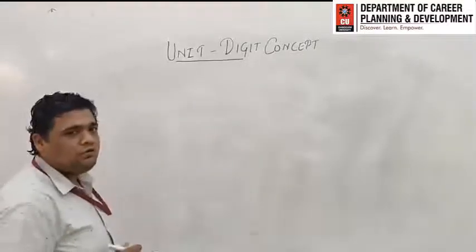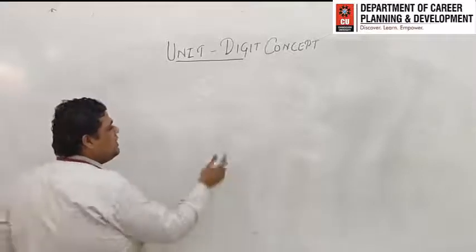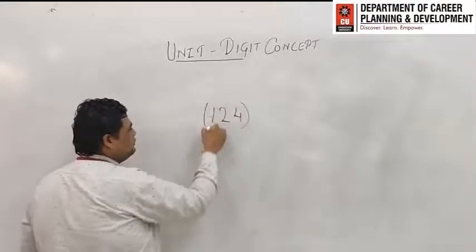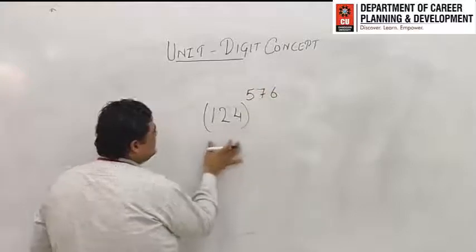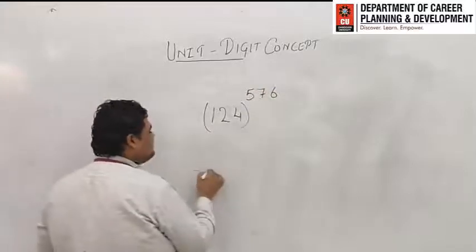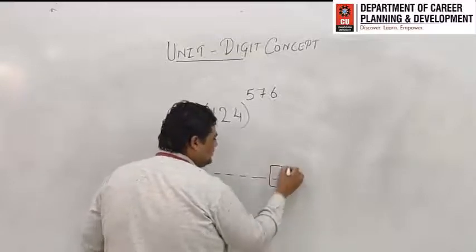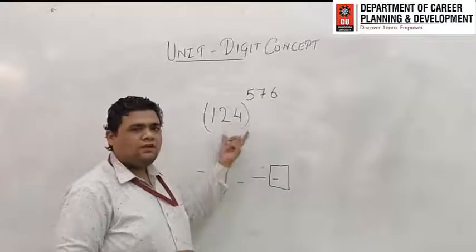Firstly, let's see how to solve the unit digit concept. In this, we have to find what will be the unit place number if I solve these values. If a number like 576 raised to a power is given, then after solving it, what will be the unit place value of this number?